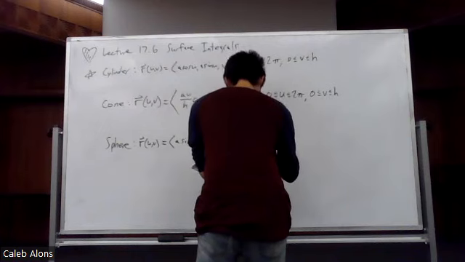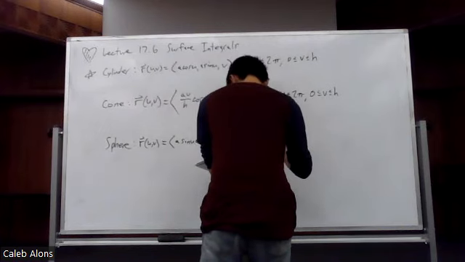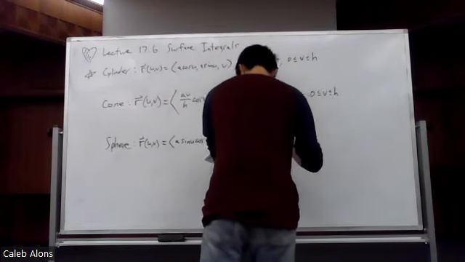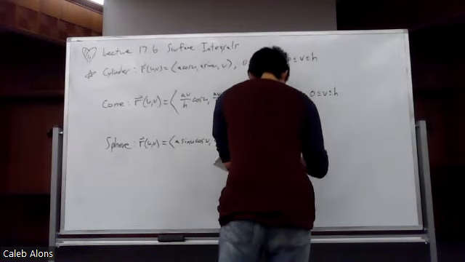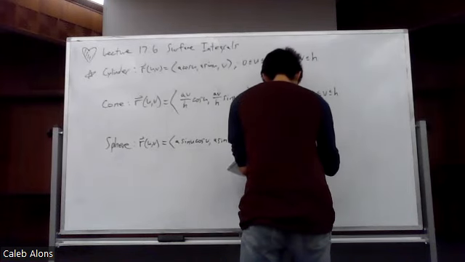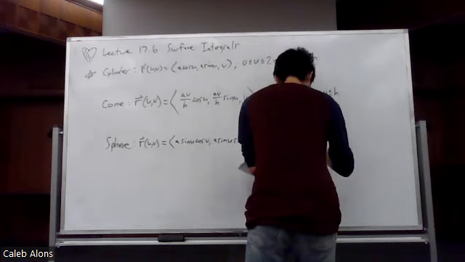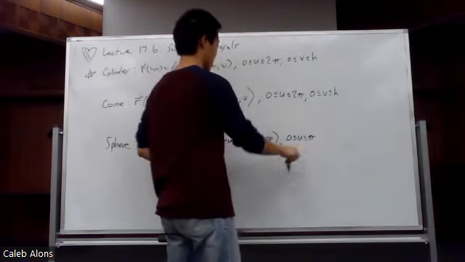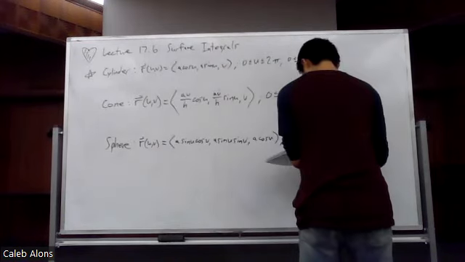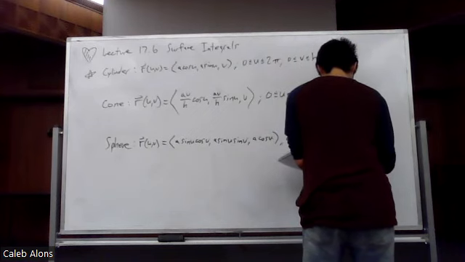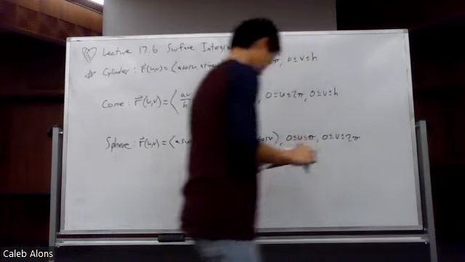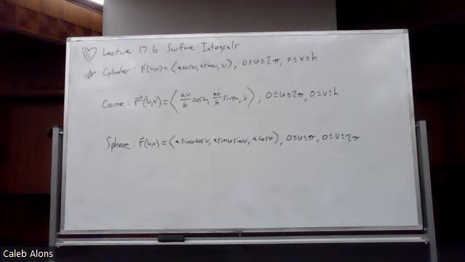And then that makes this last one A cosine of u. Because we basically just made u the phi, u goes 0 to pi, and v is the one that goes all the way around, so 0 to 2 pi. Okay, so yeah, that's that.